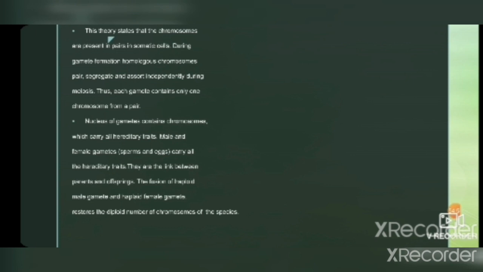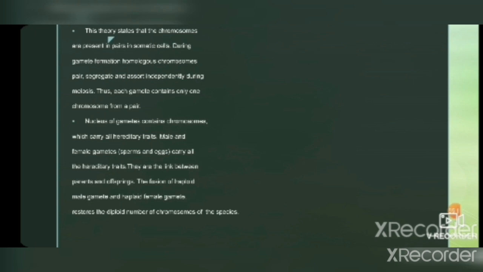The nucleus of gametes contains chromosomes which carry all hereditary traits. Male and female gametes, sperms and eggs, carry all the hereditary traits. They are the link between parents and offspring.